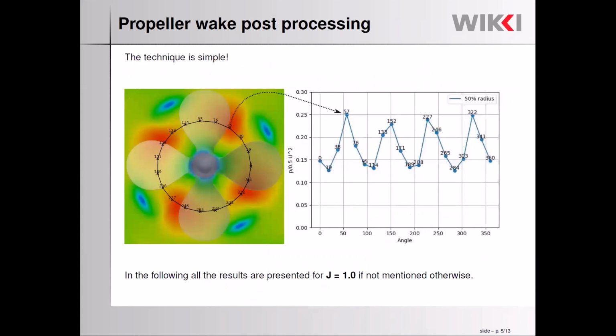When it comes to the processing of the results, this will be basically repeating in the later sections. I've recently found a method where you take a look at the wake, draw circles on it, pick up some points on them, and see how your variable, how your metric, behaves with the angle. You get quite nice curves, which you can then repeat for any other metric that you want.